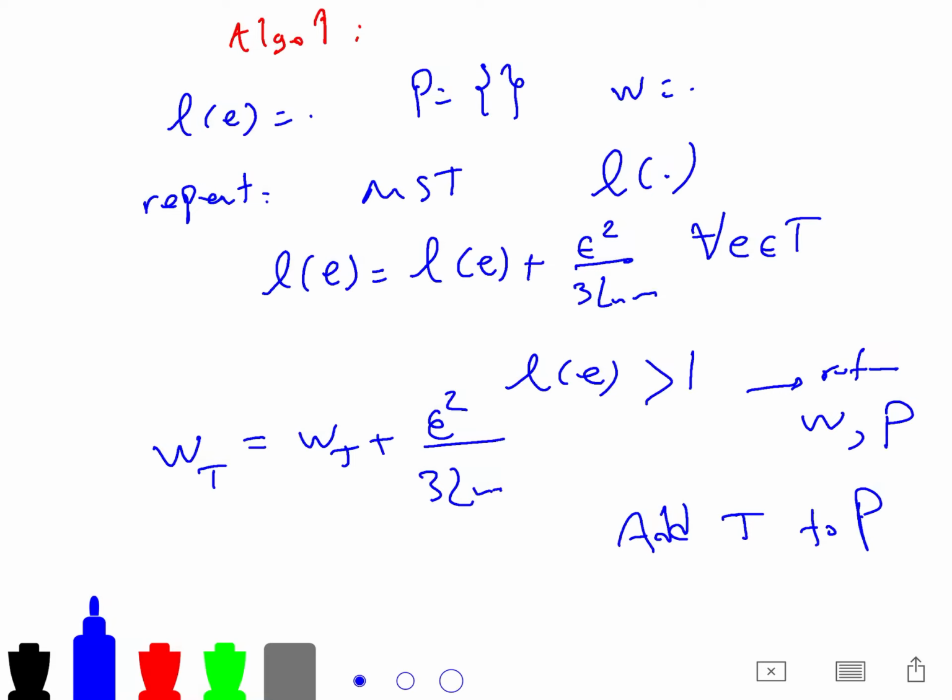So when the number of trees grows, the weight of the packing grows, and because of the duality, the min cut value has a bigger value. The min cut duality with the tree packing.